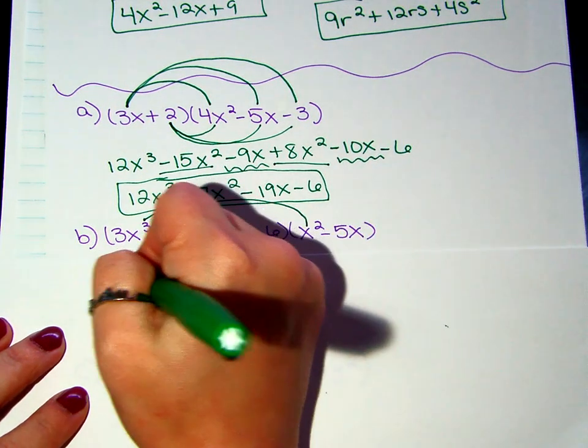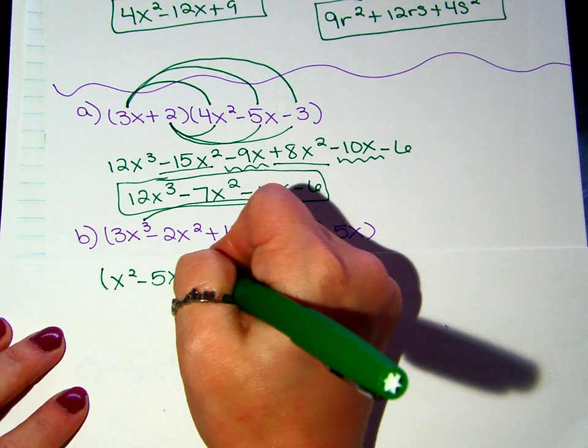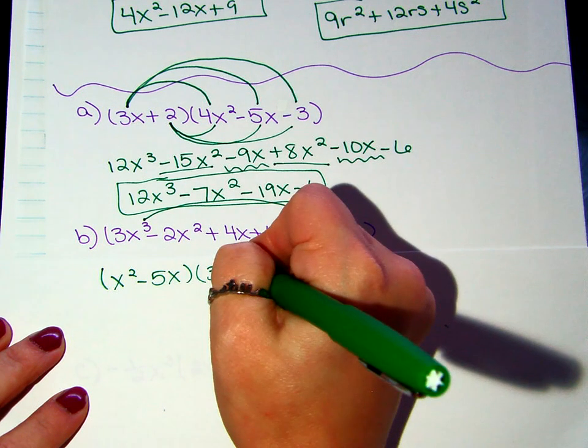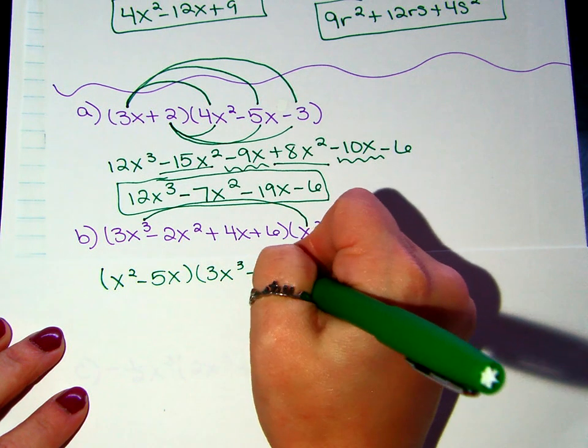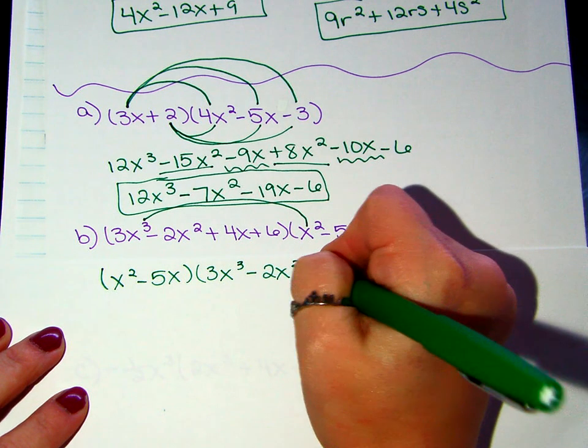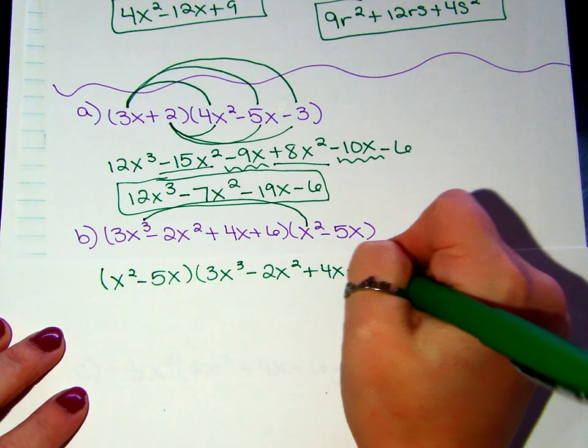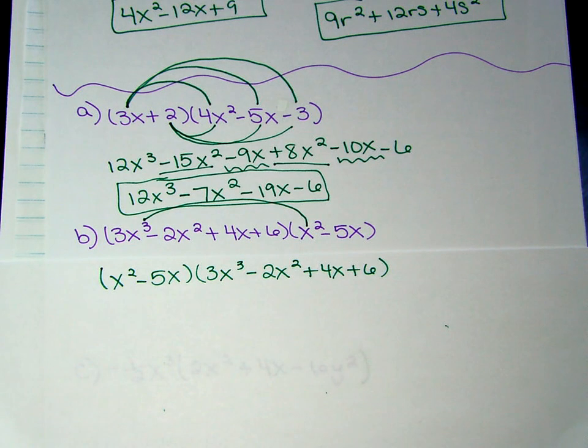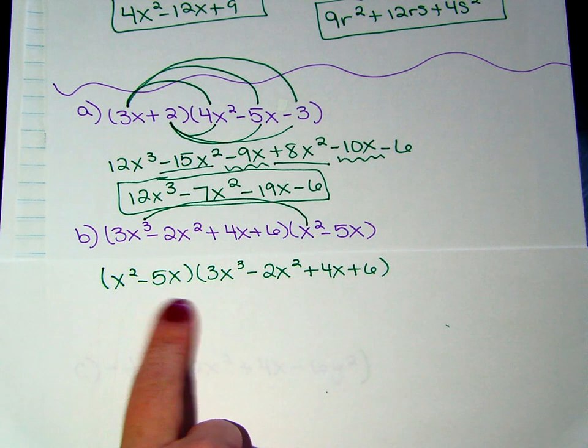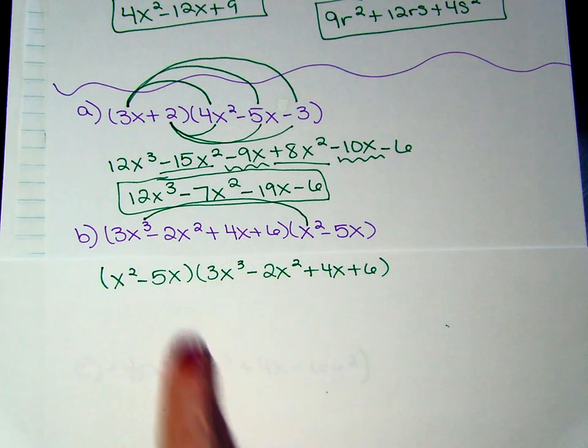Then write your longer parenthesis second. If you don't like the arcs, you don't have to use the arcs. Like I said, the arcs for me just help me to know what I've multiplied everything by. Now that I have only 2 terms in this first set of parentheses, I can do my over arcs and my under arcs and keep things organized. That's what I was trying to get at.